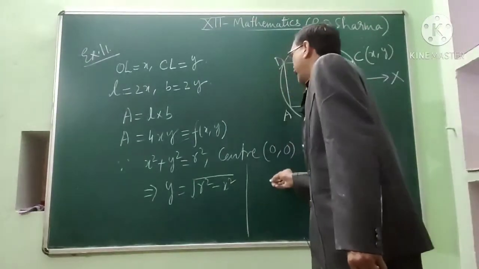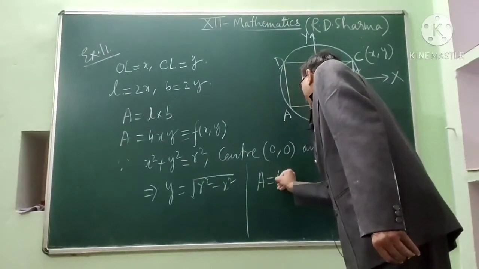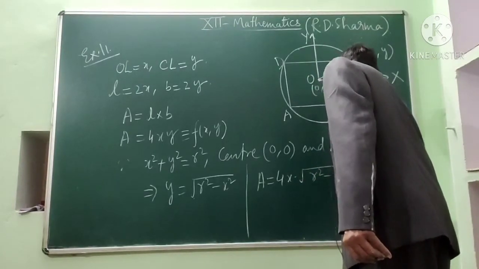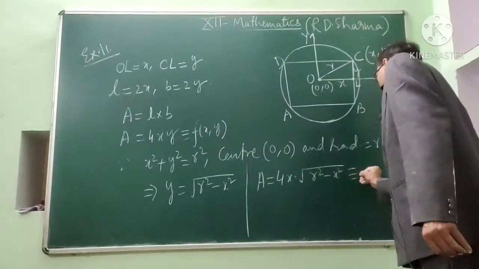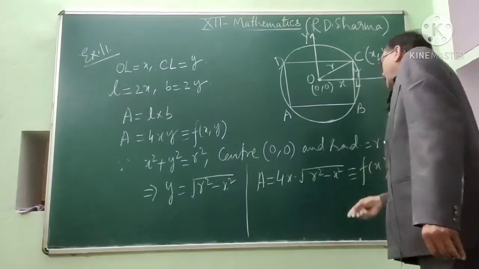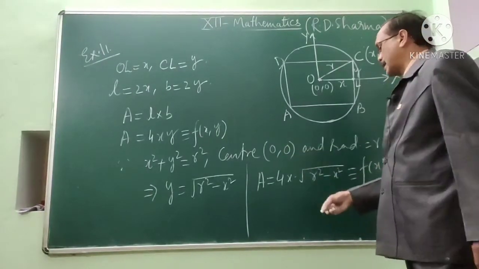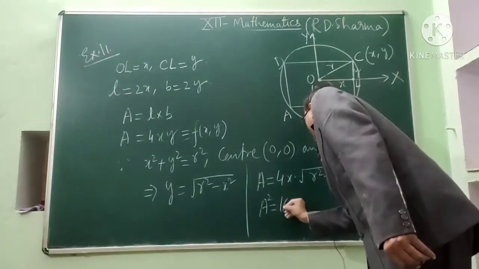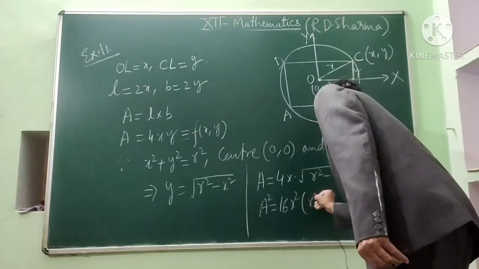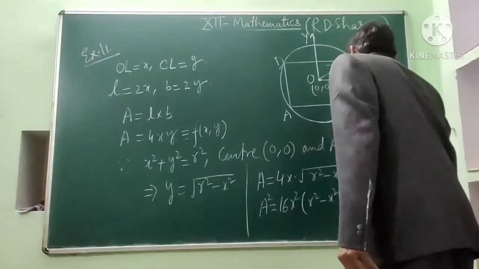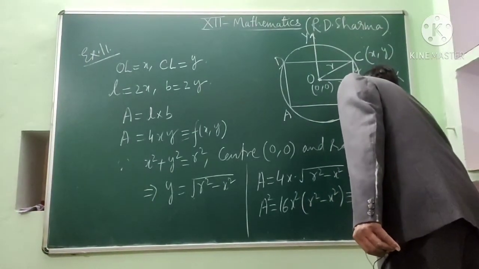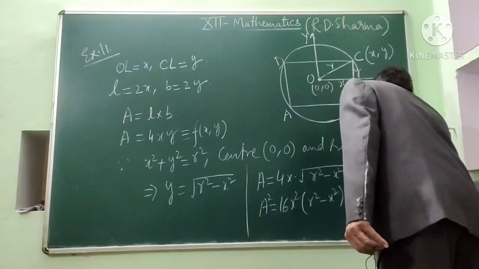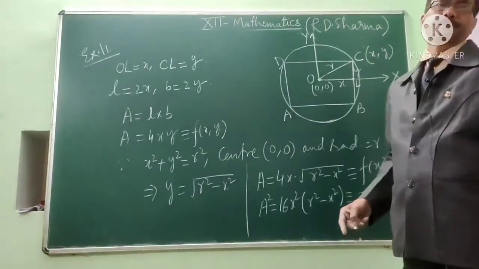Then area A is 4x into root of r square minus x square, which is a function of x. Again there is a root, so we will square it. After squaring, we get 16x square into r square minus x square. This is again a function of x. Let this term be z.